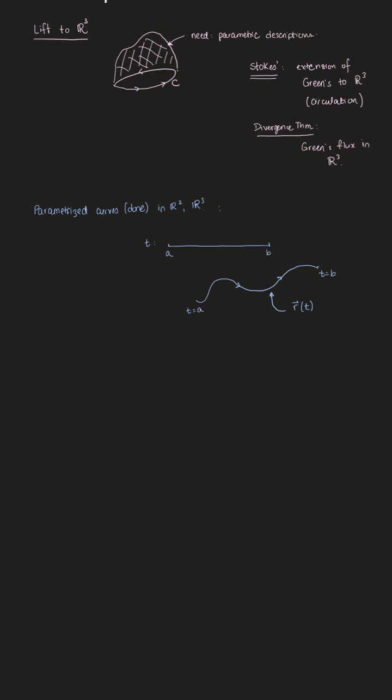So for parametrizing surfaces, we will need a description that has two varying quantities. For parametrizing a curve, we just needed t.